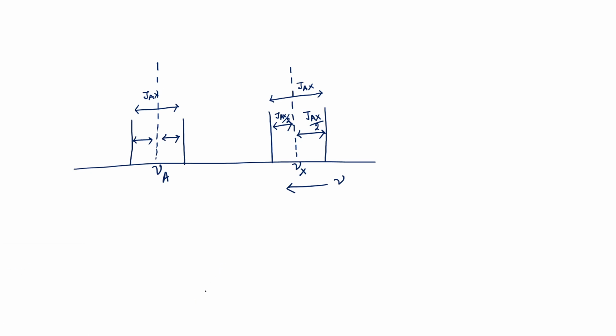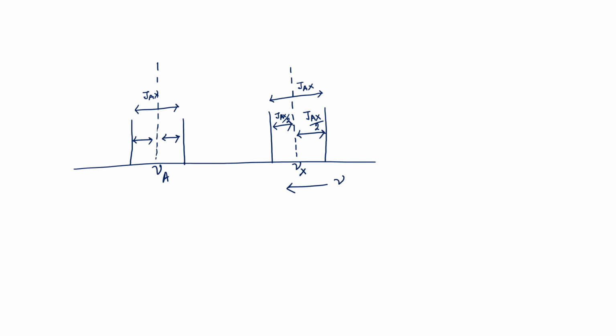Anyway, due to coupling, what you have seen is the effect of X on A: the intensity has halved, because earlier both intensities were added up, since there are two transitions related to the spin flipping of A, but the energy was the same, so that's why it got added up.